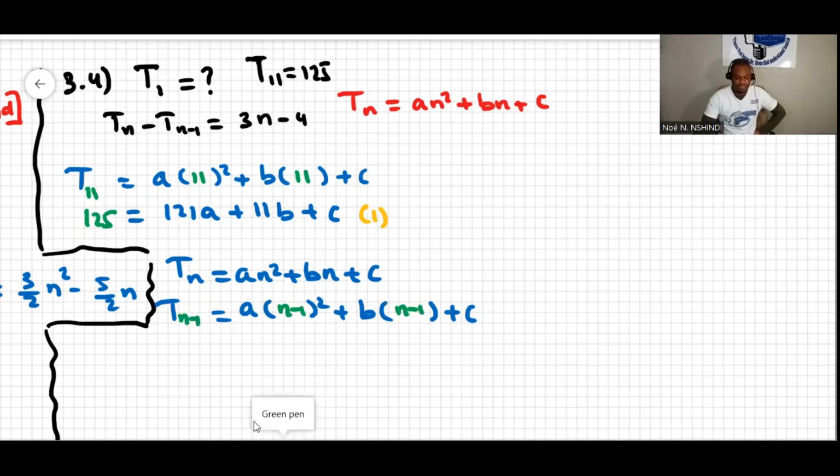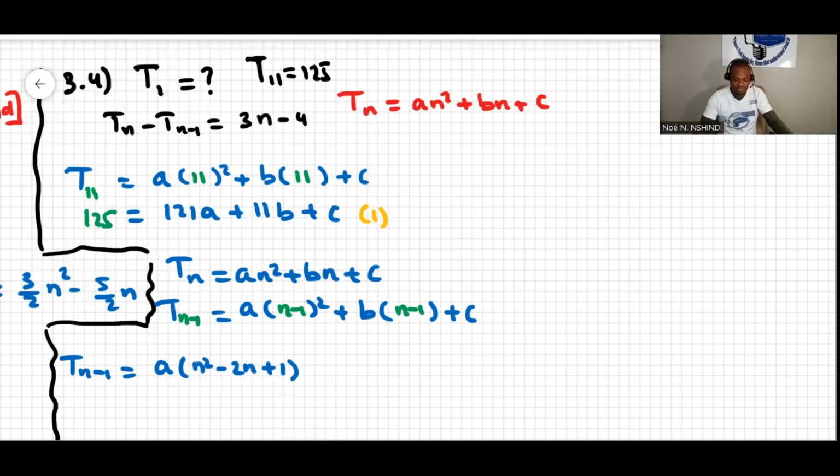So Tn minus 1 will be equal to a open bracket. Now I'm going to expand this already. So you're going to do n minus 1 times n minus 1, okay? And then expand it, but I know what the answer must be over here. This will be n squared minus 2n plus 1.